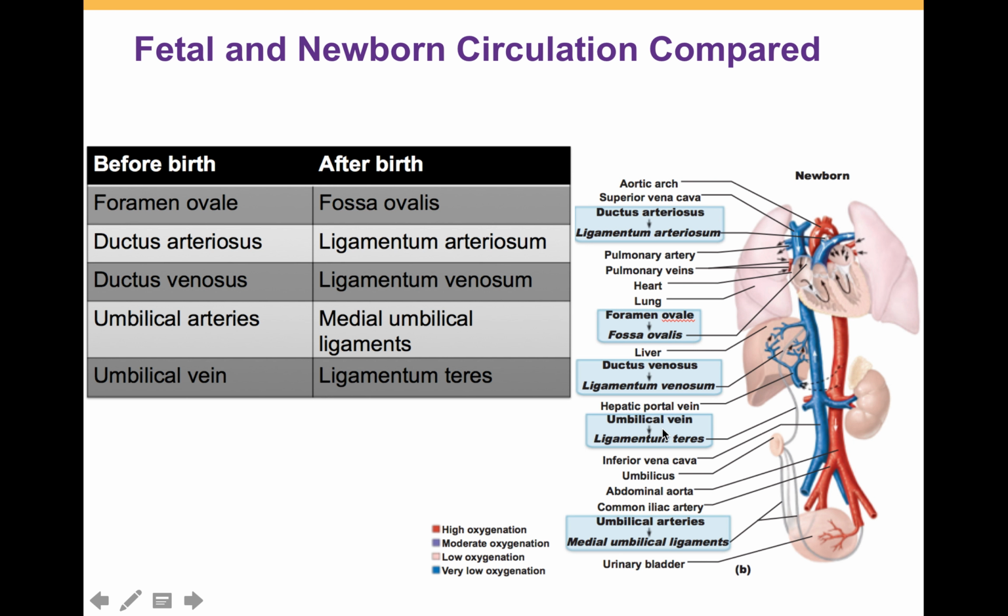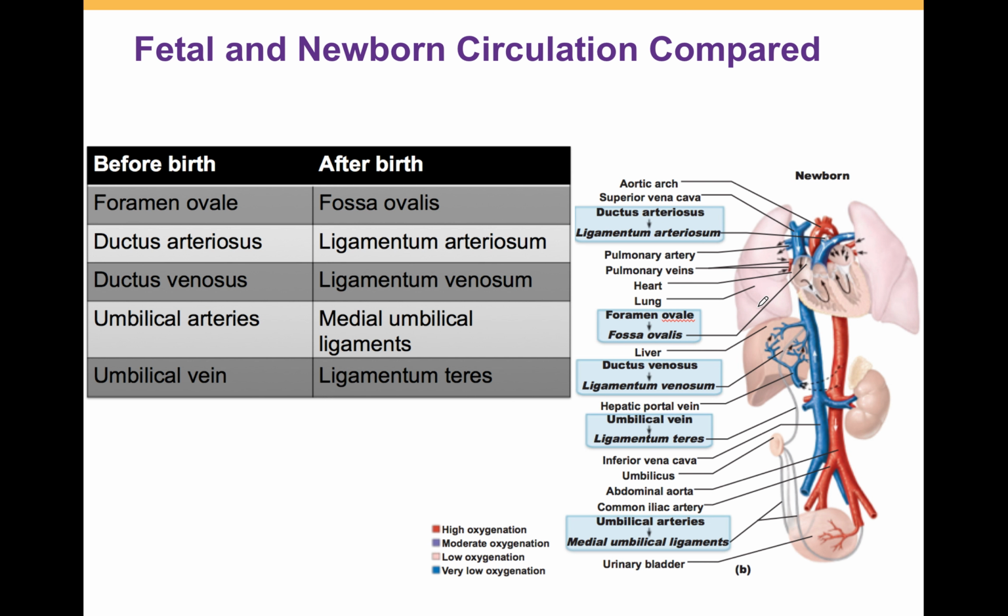Now, at the moment of birth, when the baby takes its first breath, the baby starts to activate or initiate the use of its pulmonary circulation. So the lungs start to be inflated, which means the pulmonary circulation is going to start to work.